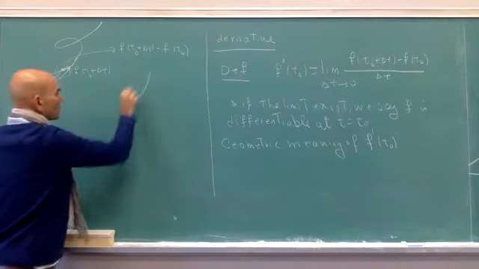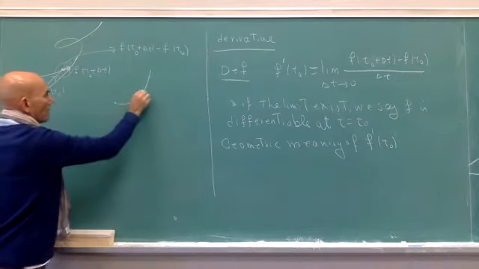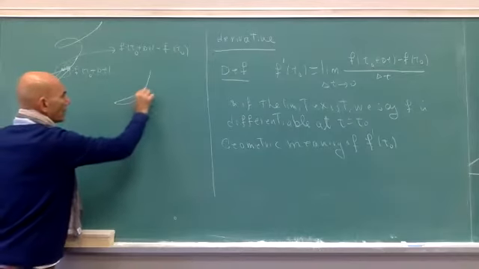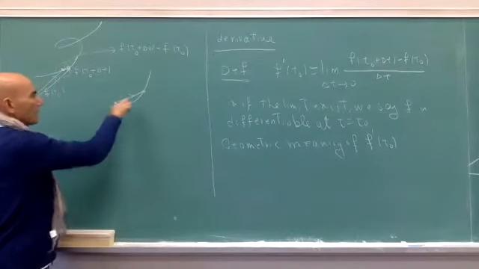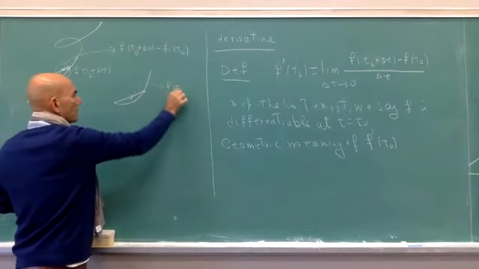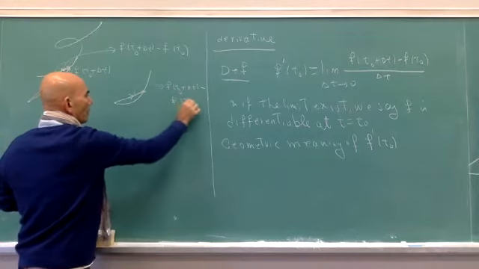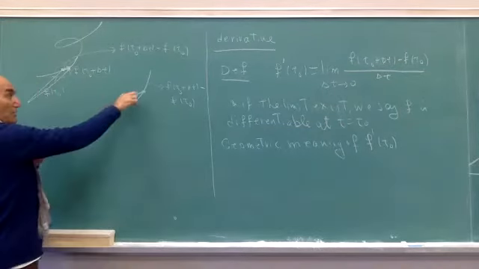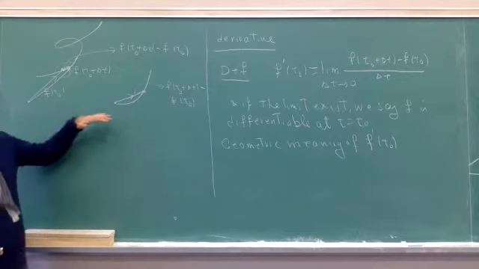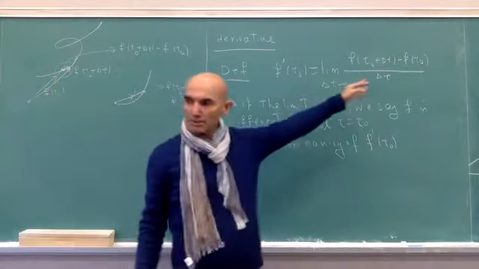So we have this point, we have this vector, and this vector is f of t0 plus delta t minus f of t0. It's just this vector.